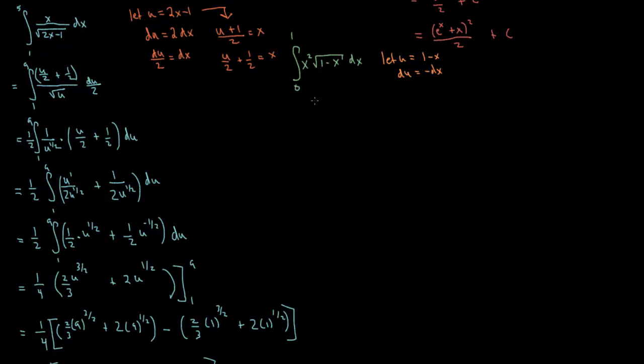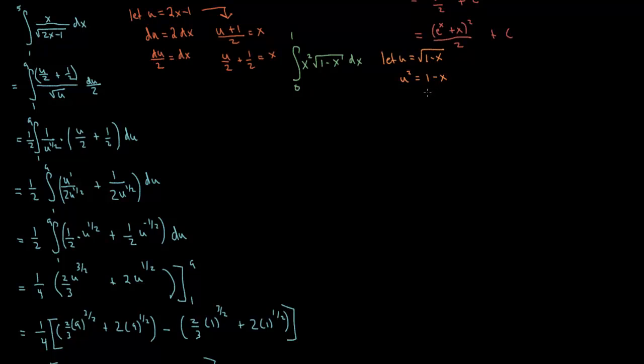So here's what I think we should do instead. Pick a different substitution. What if we let u not equal the inside function, but let u equal the square root of 1 minus x? Now, let's do some rearranging before we take the differential. Say u squared is 1 minus x, right? We could square both sides of that equation.